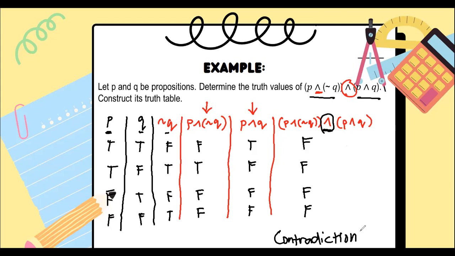So again, some tips on constructing truth tables. First, dapat alam mo kung ano yung goal mo or alin yung first na ipe-perform mo. You need to start per group from left to right. Okay? And also, i-perform yung dominant connectives natin.